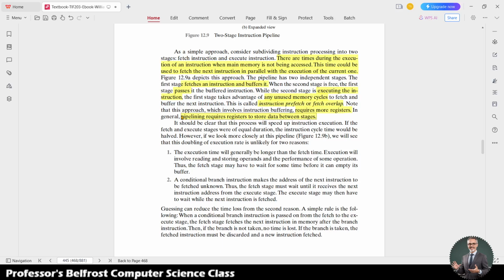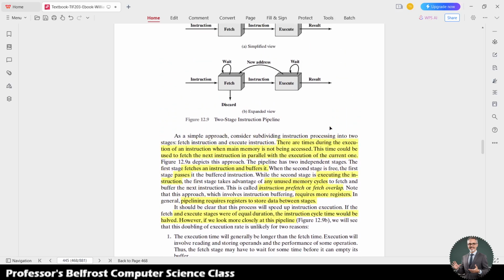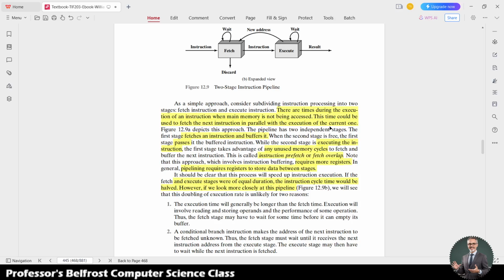If the fetch and execute stages were of equal duration, the instruction cycle time would be halved. But if we look more closely at this pipeline, shown in figure 12.9b, we'll see that this doubling of execution rate is unlikely for two reasons.